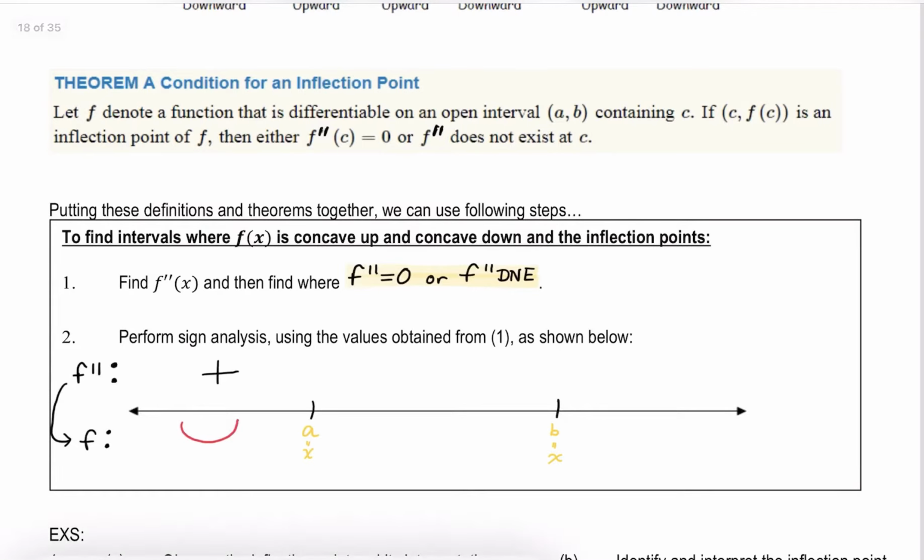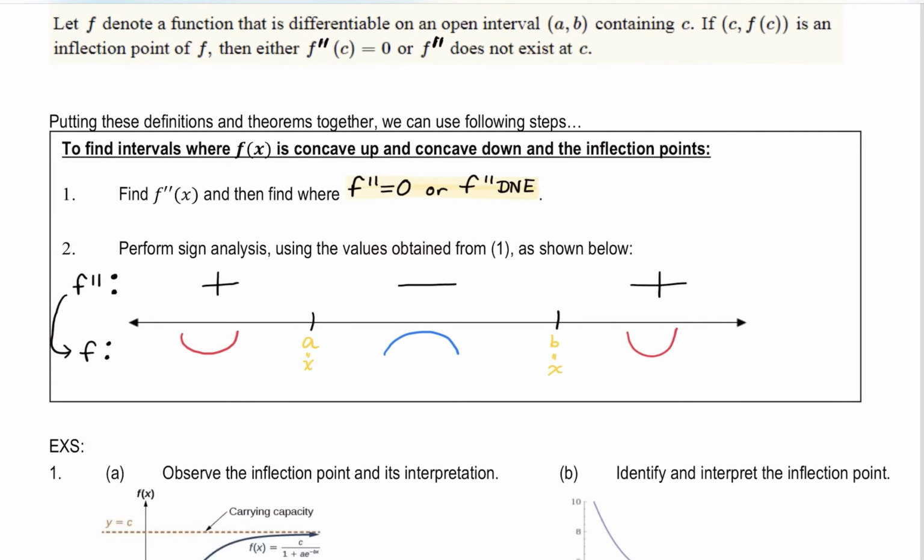Where the second derivative changes to negative, that means the original function is concave down. And let's suppose we end with a positive second derivative, so going back to concave up. So those are our intervals of concavity.